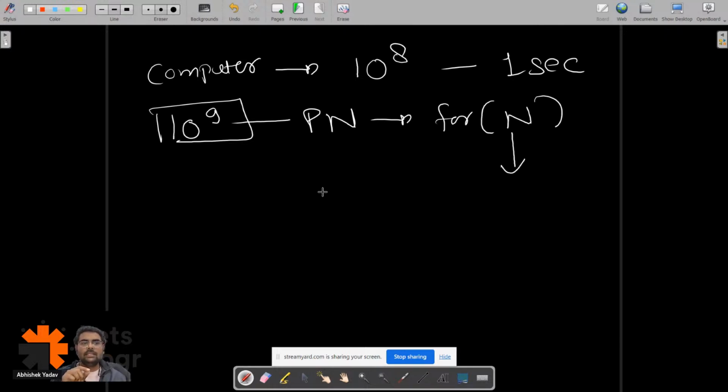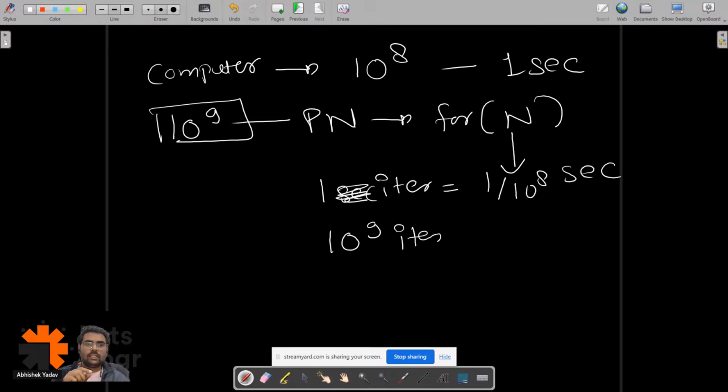So one iteration is equal to 1 divided by 10 to the power 8 second. So 10 to the power 9 iterations will be 10 to the power 9 divided by 10 to the power 8 seconds. So how much time will it take? It will take 10 seconds.